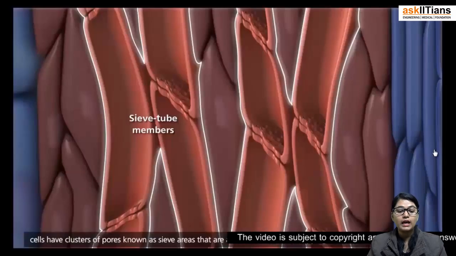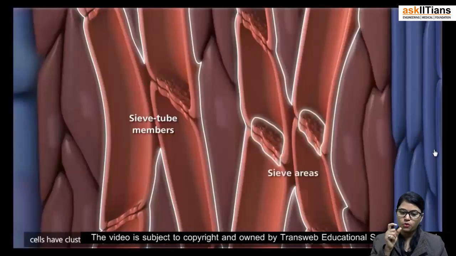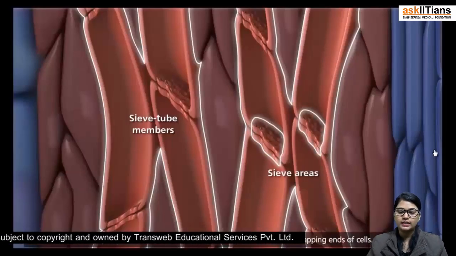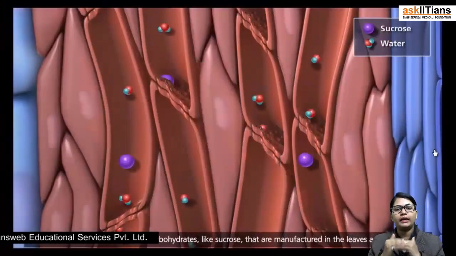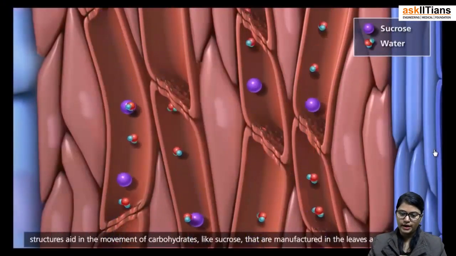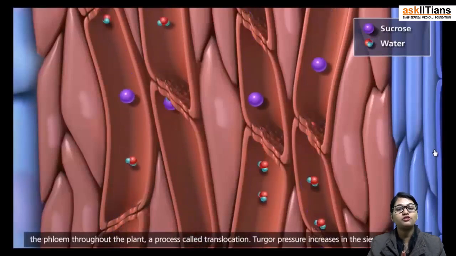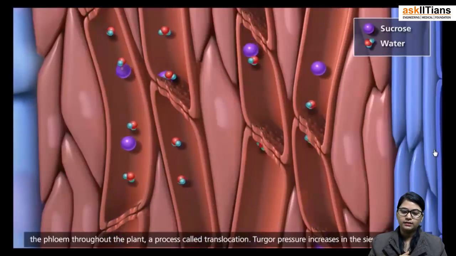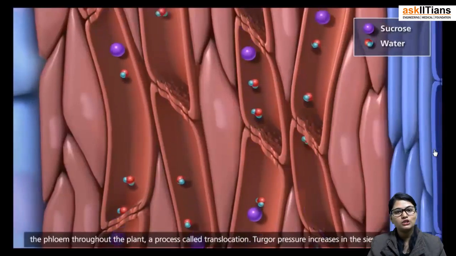Both types of cells have clusters of pores known as sieve areas that are abundant on the overlapping ends of cells. The structure aids in the movement of carbohydrates like sucrose that are manufactured in the leaves, and this process is known as translocation.